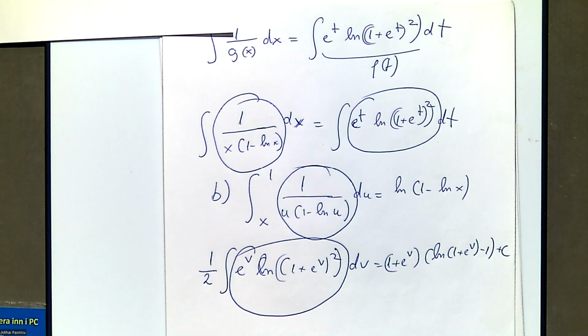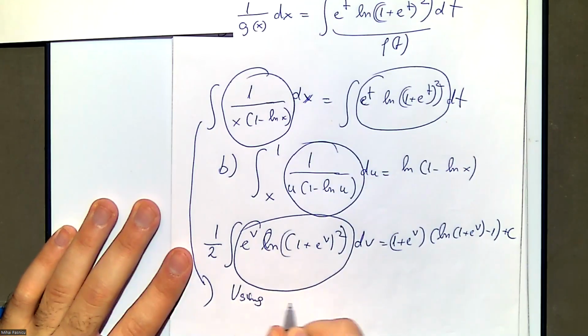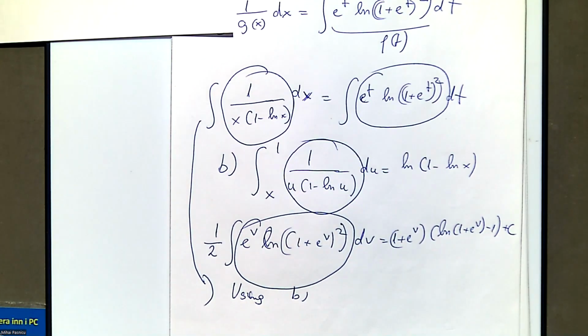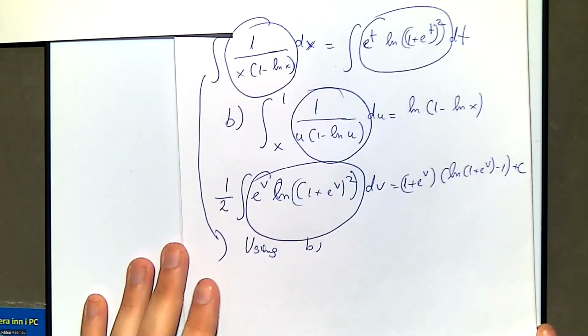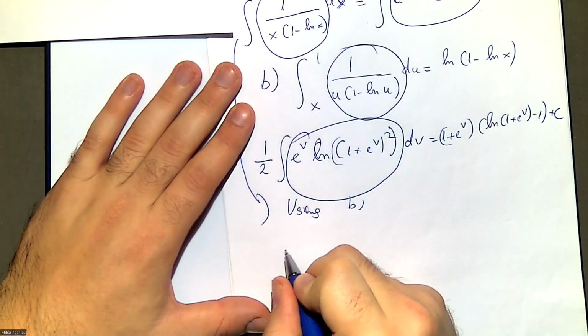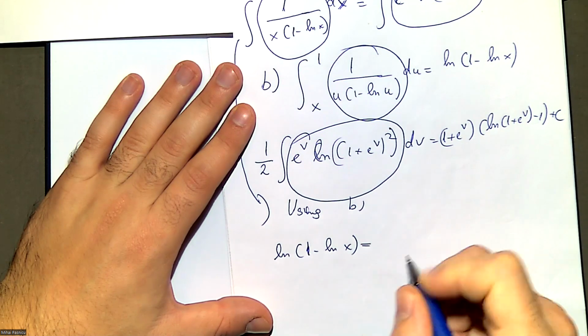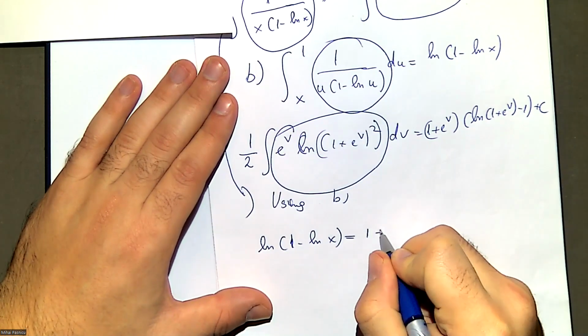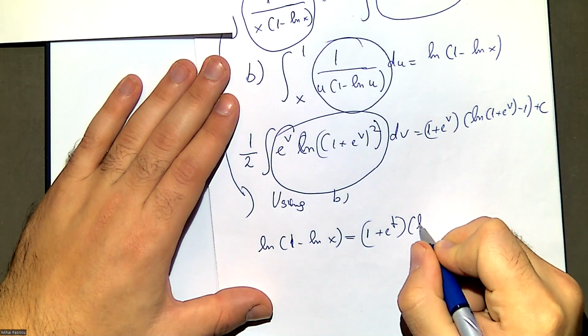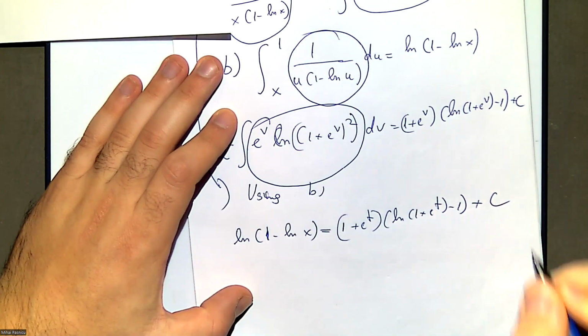So all that I'm going to do is I'm just going to say, if I was in an exam from here, I would just say using B, even if I left B completely empty, or I even drew something nice there instead of actually solving them, I would just say using B, I get ln of 1 minus ln of x is equal to 1 plus e to the power of t, ln of e to the power of t minus 1 plus a constant.